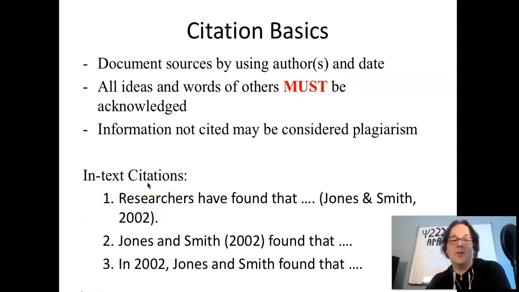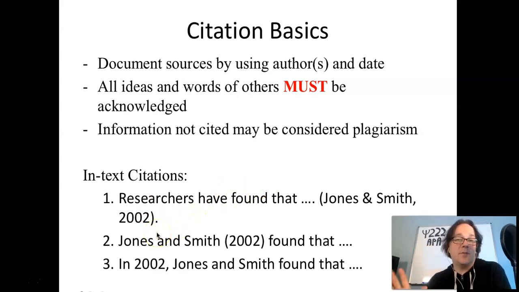One way that you can do an in-text citation is say something like, researchers have found that blah blah blah, and then in parentheses, Jones, the last name of the first author, ampersand Smith, the name of the second author, comma, and the year it was published. So what does this allow me to do? Well, let's see what all three of these let me do.